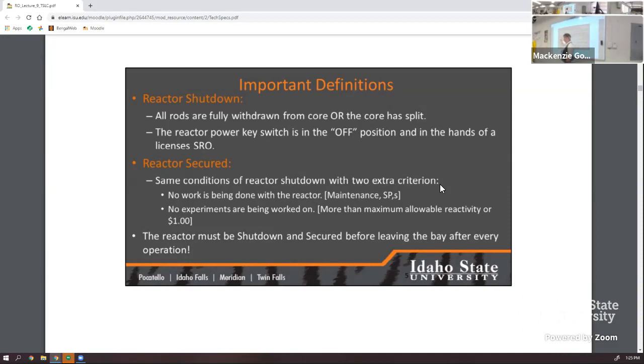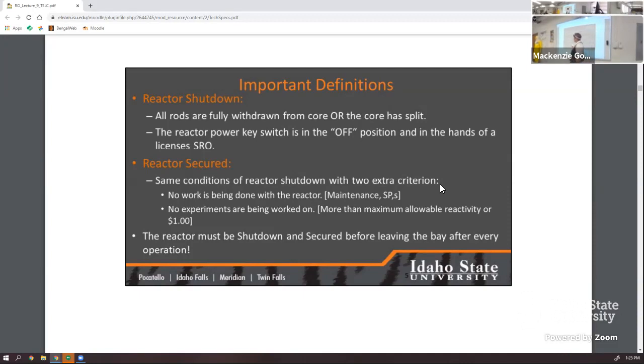Your reactor secured is what you're going to do at the end of the day when you leave, right? It has to meet the conditions of shutdown, plus no work is being done, right? So there's not ongoing maintenance, and no experiments are being worked on. Okay?